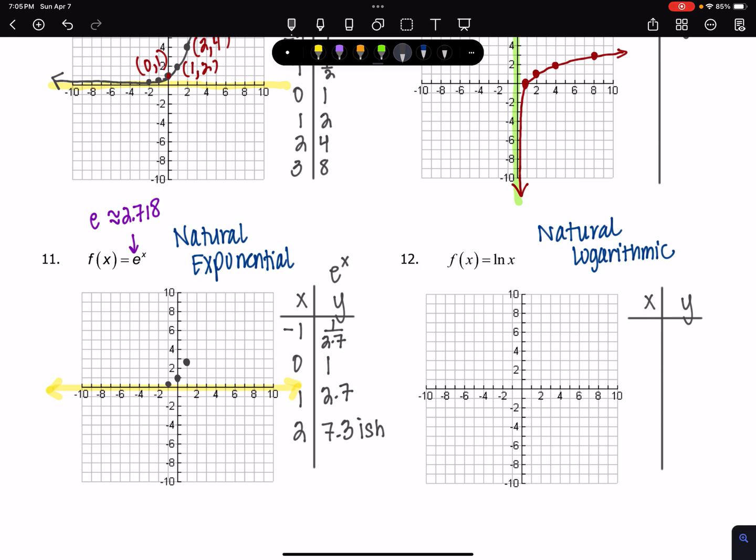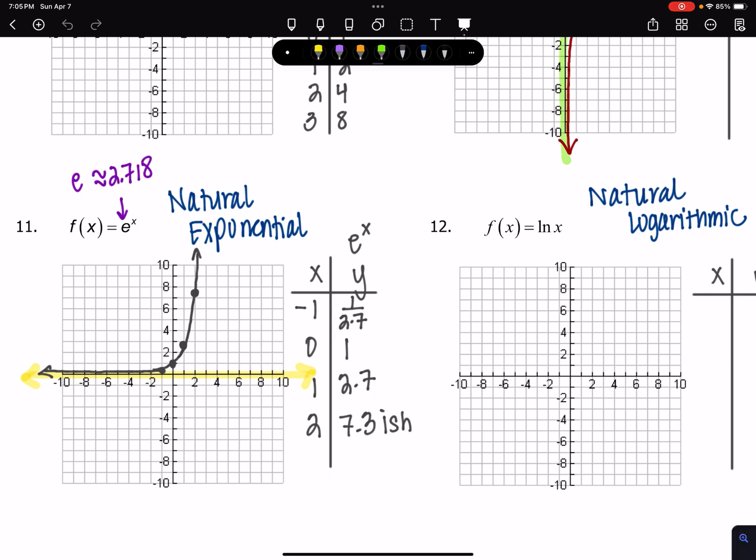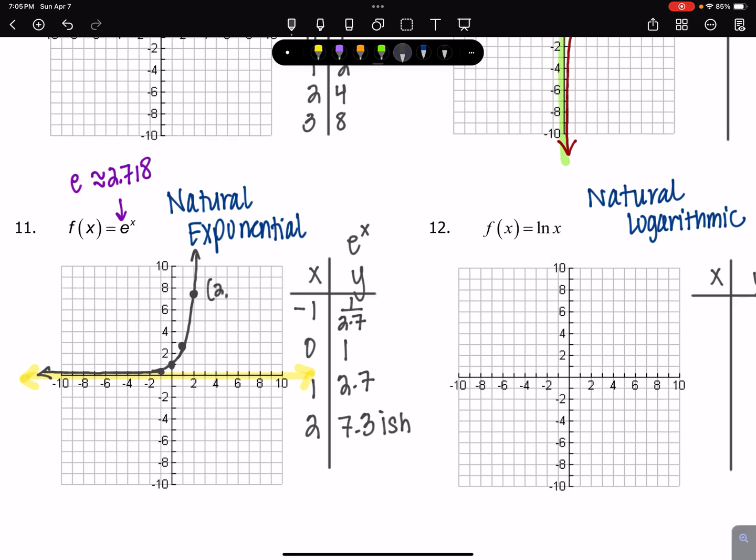Sometimes I just say ish because if you make the dot big enough, nobody really can tell if it's 7.3 or 7.4. And that's what our natural exponential function looks like. So these points are very important. So 2, 7.3-ish, 1, 2.7-ish, and then 0, 1.